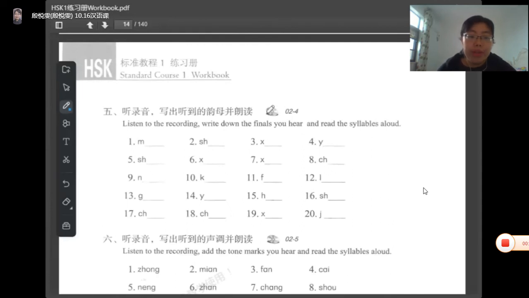Listen to the recording, write down the finals you hear and read the syllable aloud. You can read the syllable by yourself, but please write down the finals in the chat box. Let me see who is the first one to write correctly.